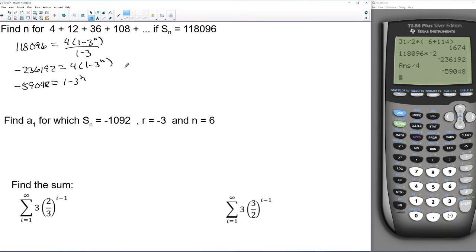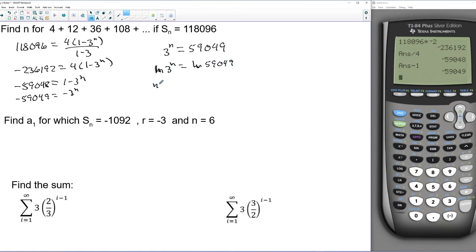Let's minus 1. So we're going to minus 1 over. So -59,049 is equal to -3 to the n. We'll divide by -1. So we have 3 to the n is equal to 59,049. Well, now let's take either log or natural log. I like taking natural log of both sides. Natural log of 3 to the n is natural log of 59,049.